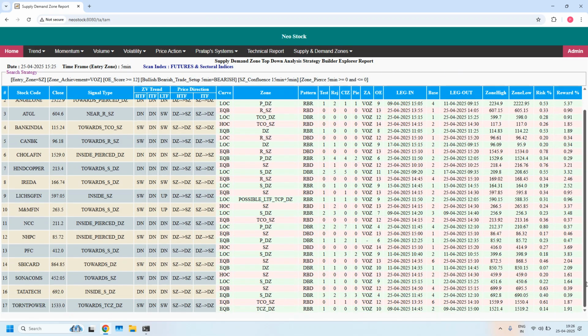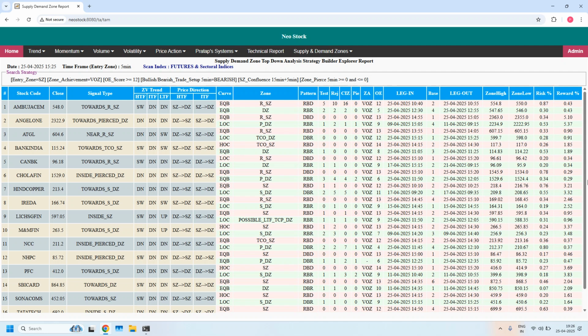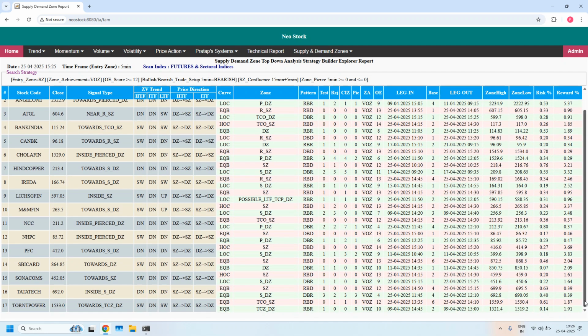Now the list has come down to 17 stocks. First 15 stocks, all these 5 minute supply zones are overlapped with a 15 minute supply zone. Scrolling the list down, a total of 17 stocks are filtered.